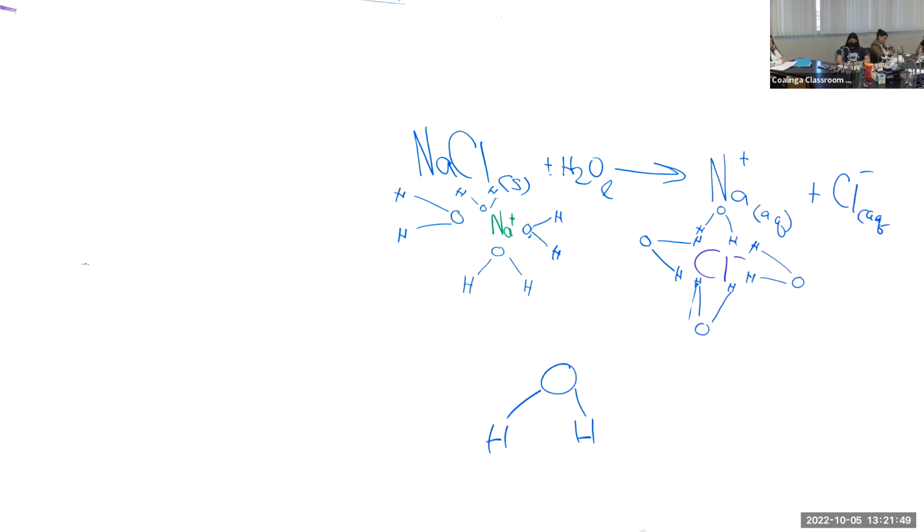So this guy, the lowercase delta, this guy is partially negative. So lowercase delta basically means that it's partial, meaning that the electron is spending more time around the oxygen than it's spending around the hydrogen. So it has more of a negative charge associated. Not a complete negative charge because it's going back and forth, but it's spending more time around the oxygen.